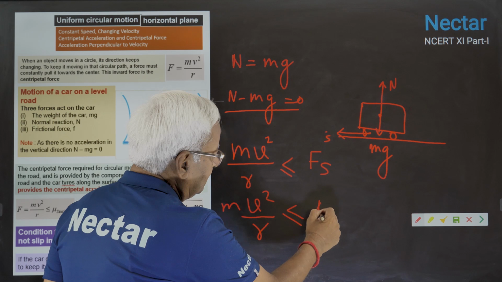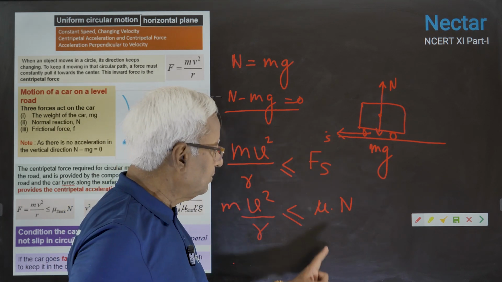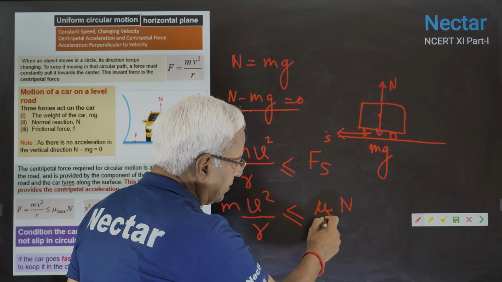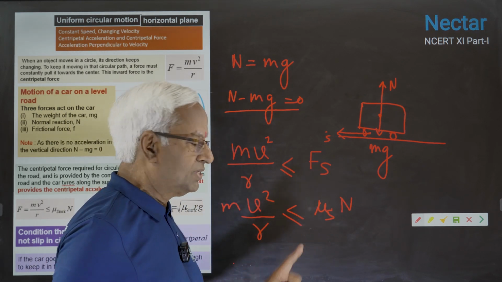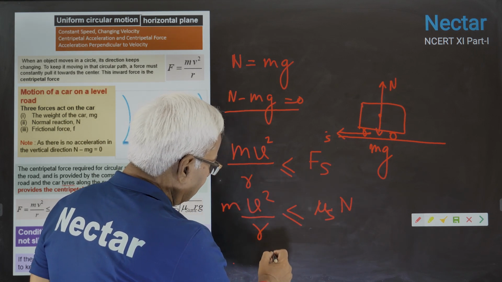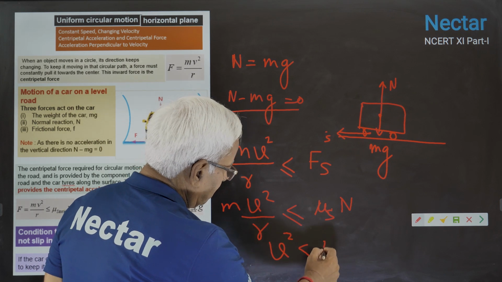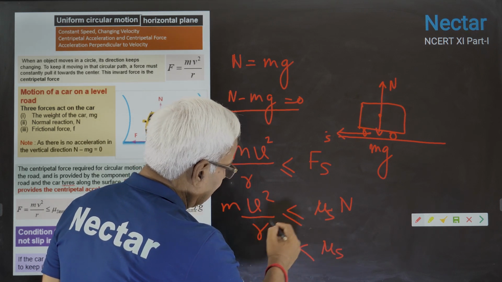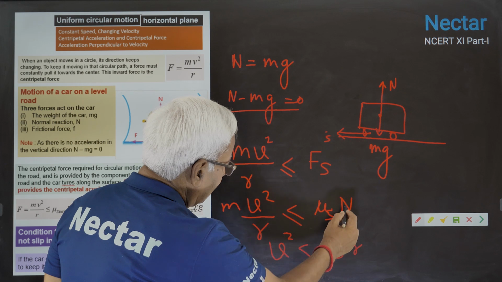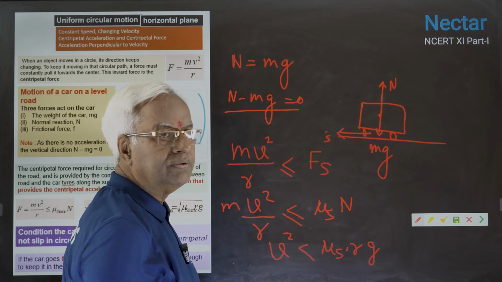We would write here mu N. Mu is here mu s, because we are dealing with static friction. This N equal to mg. It becomes v squared over r less than or equal to mu s, and N upon m is going to be g.